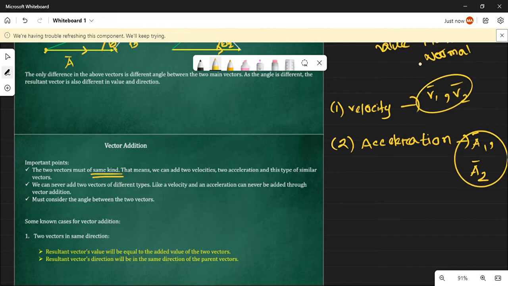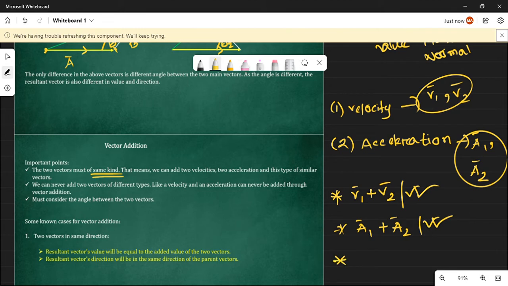So we can add v1 and v2, that's correct, or a1 and a2, that's also correct because they are of the same kind.